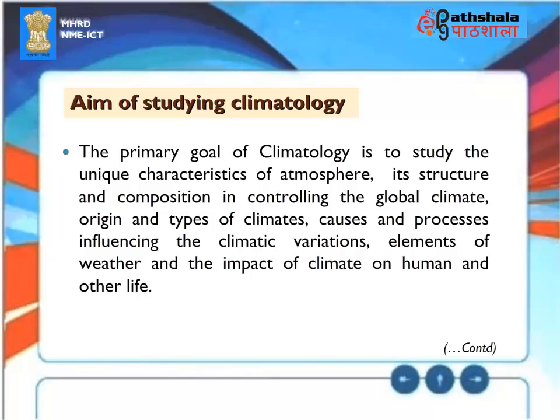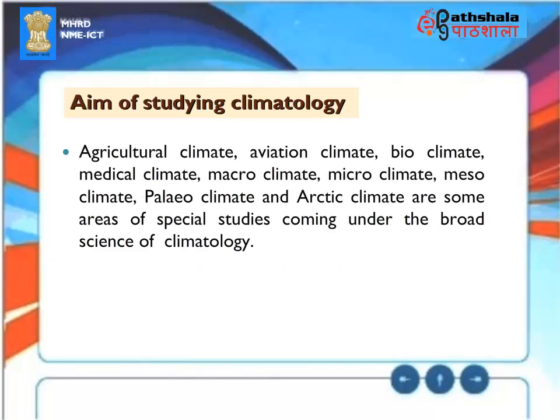Aim of studying climatology. The primary goal of climatology is to study the unique characteristics of the atmosphere, its structure and composition in controlling the global climate, the origin and types of climates, causes and processes influencing climatic variations, elements of weather, and the impact of climate on human and other life.